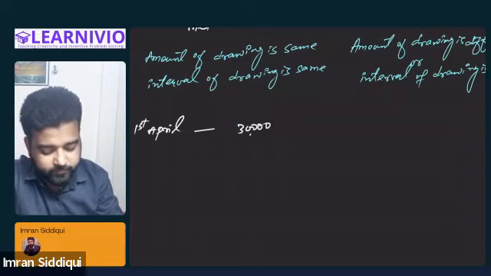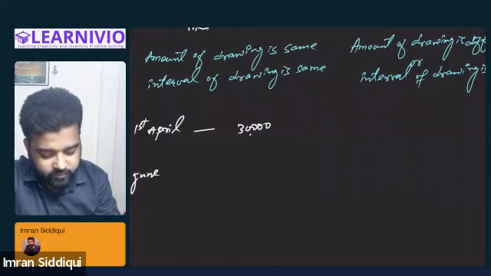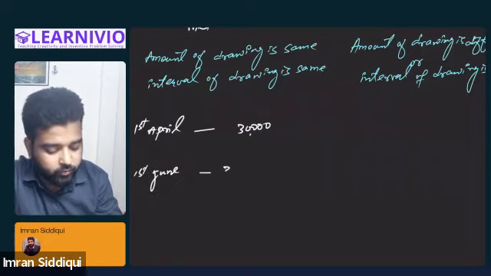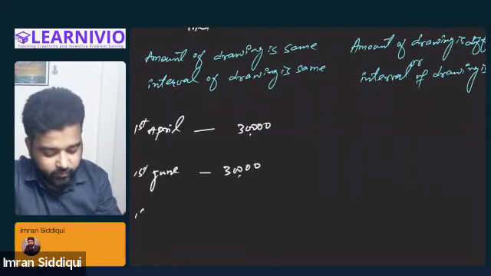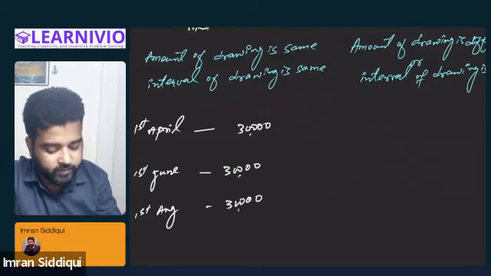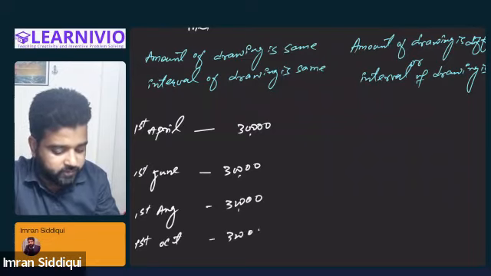Then the next drawing was made on 1st of June, again the amount of drawing is 30,000. Then the next drawing is made in August, again the amount is the same. Then the next drawing was made on 1st of October and the amount is the same.